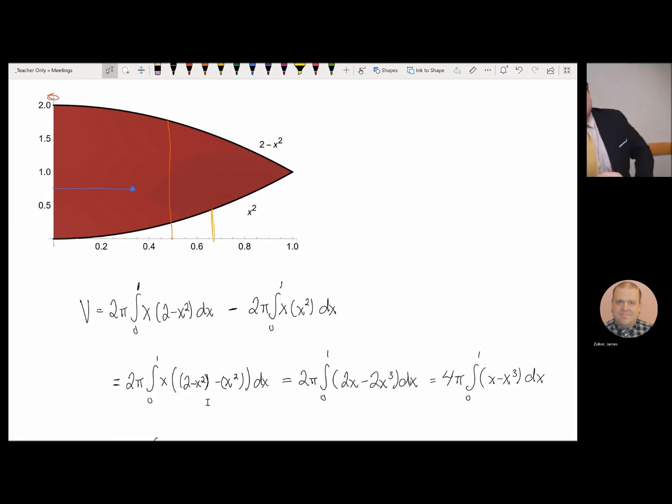Would an okay way of showing it's symmetrical about y equals 1 be saying 2 minus x squared minus 1 equals 1 minus x squared? I actually have to look into proving symmetry, because it's not something I ever really used.